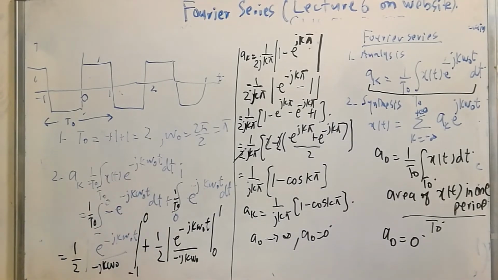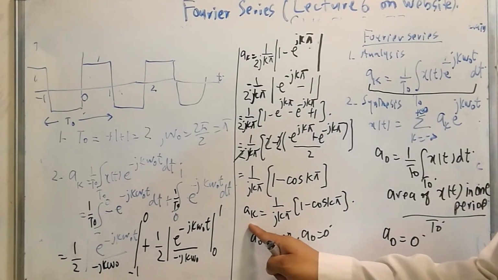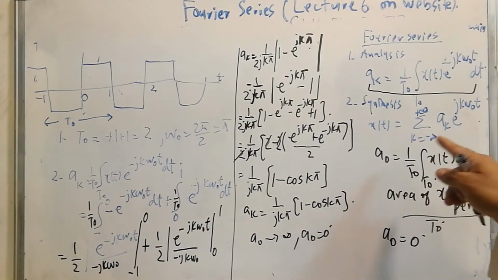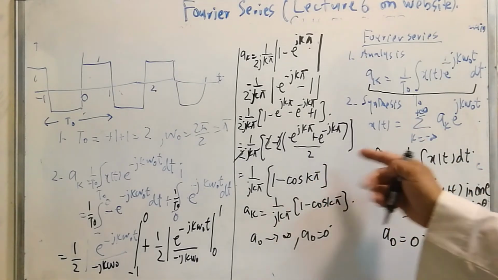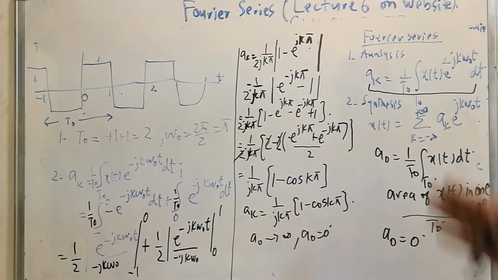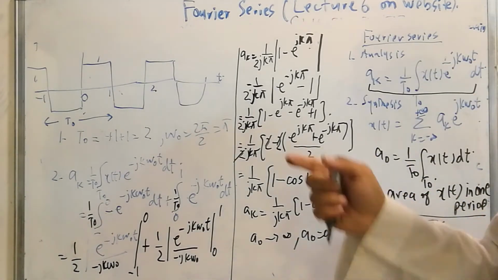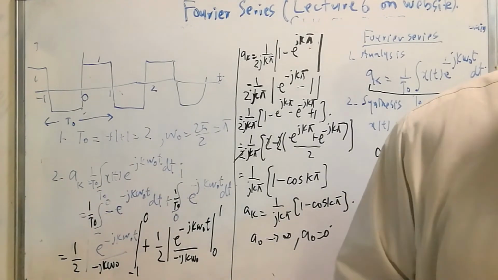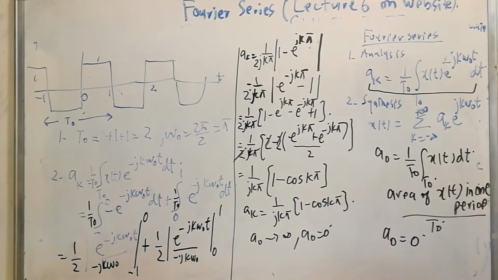So now I have all the values. I have a naught and I have ak for all the values, and then I can find the sum of these. The Fourier series summation is infinite, and I cannot find the infinite values. I can just find some of them, and then the other ones I can assume, or if I find some, I know how I can determine the others very easily.